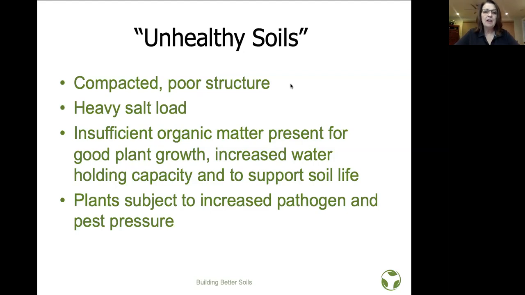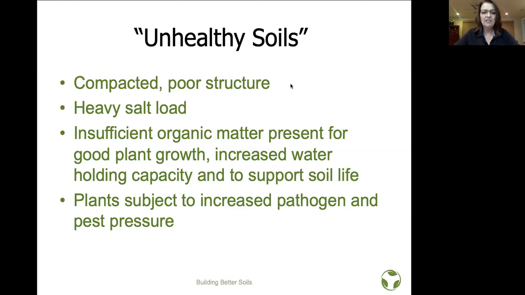It's also compounded because now we're using micro irrigation, so it's a lot harder for us to flush salts out of our soil, like when we were using the big spinners when I first moved down here. Another issue is that we're growing tropical and subtropical plants, which are used to having a lot of organic matter in their soil, and our soils are arid soils, so they don't have a lot of organic matter.